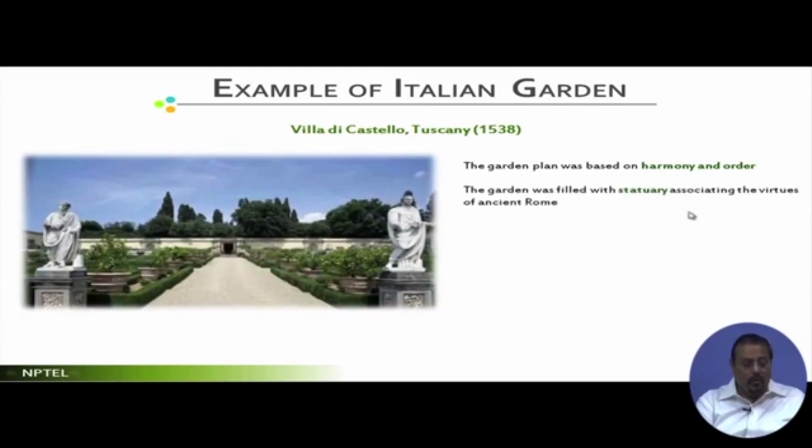The garden was filled with lots of statuary, historical, as well as statues to demonstrate or highlight the actions of somebody, or maybe they wanted to appreciate somebody. That's what they have done.